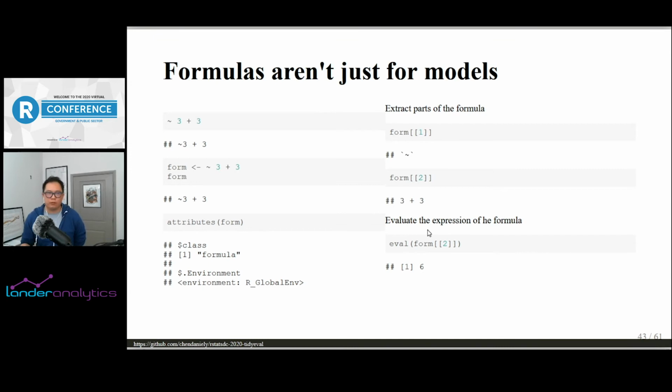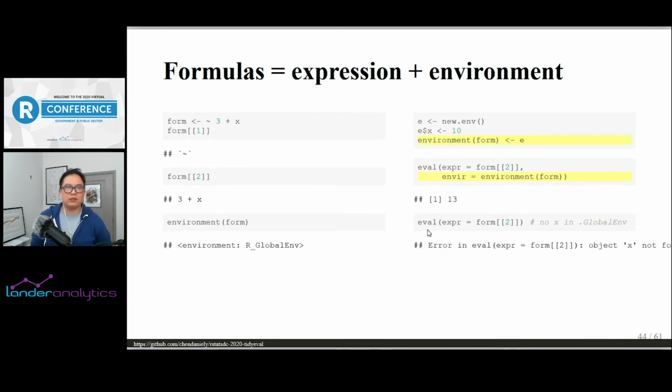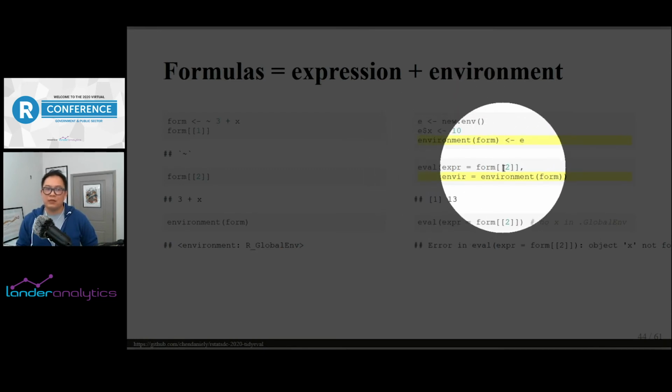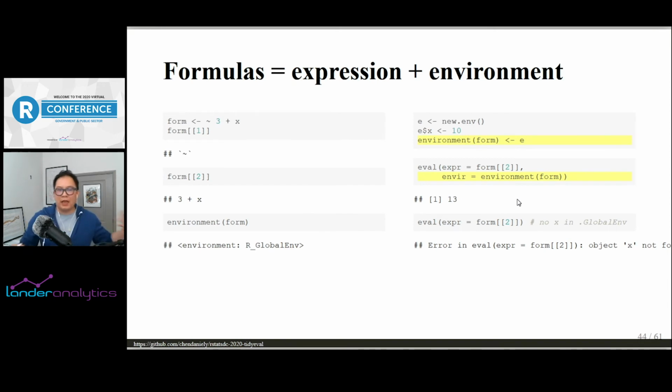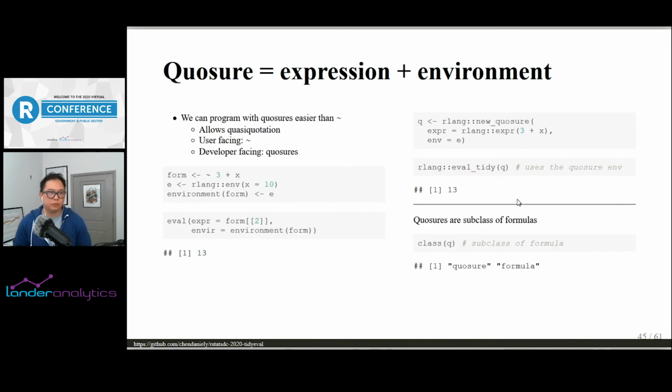And we can evaluate them. So a formula is a form of an expression plus an environment. And so what we can do is take a formula, take a separate environment, and then run eval, pass in the formula expression, and then pass in the environment, and have it evaluate the formula expression in a given environment, right?